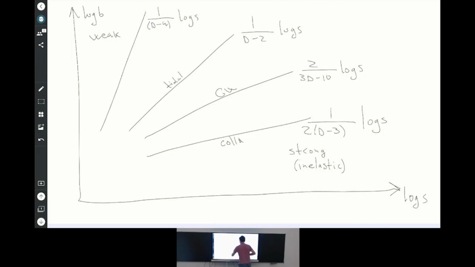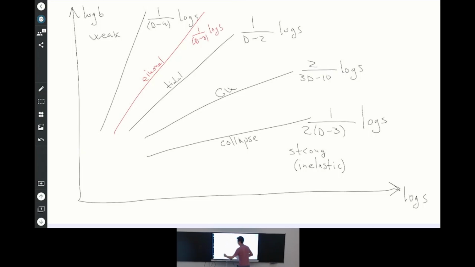And finally, there was this observation, which was important, that we can go beyond this weak region and we can have an eikonal scattering, an eikonal saddle point, which scales as 1 over d minus 3 log s.